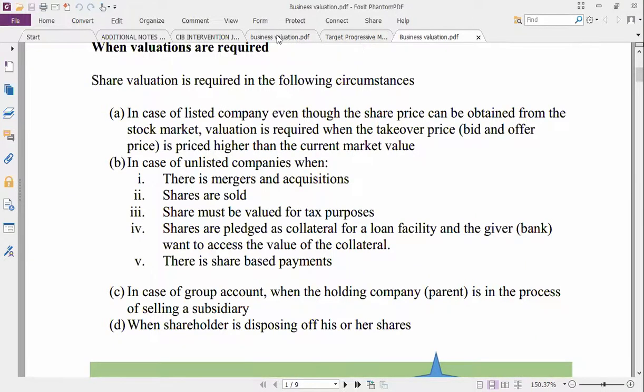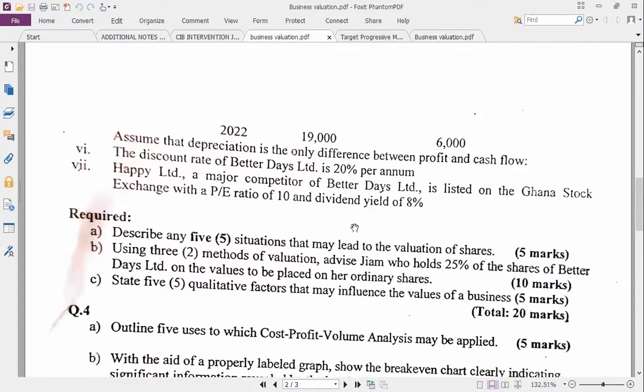So you can say when shares have been sold, acquisition measures, and when a company is preparing to be listed, when the company is going to be listed on a stock market. And then for tax purposes, for acquisition of another company, in that order. So basically, that is it. Then I'll just go straight to the calculations.